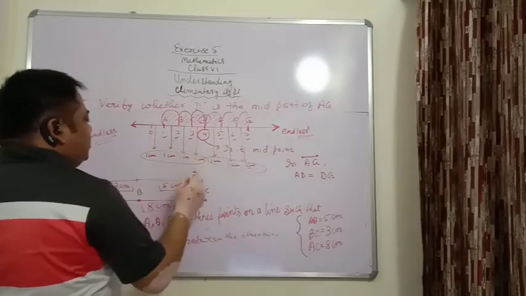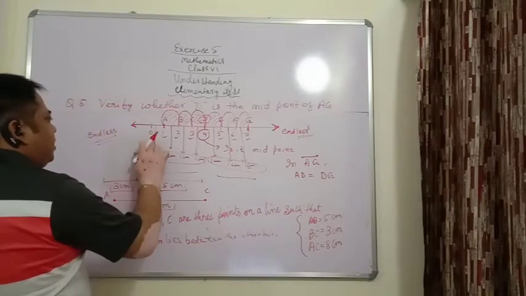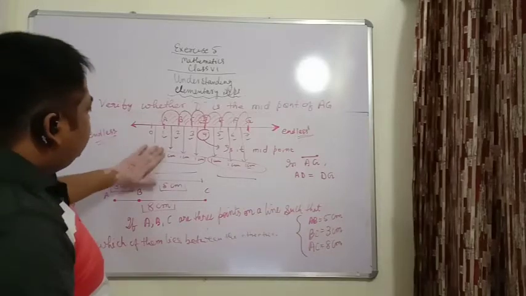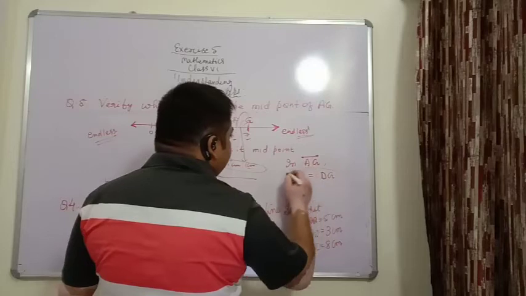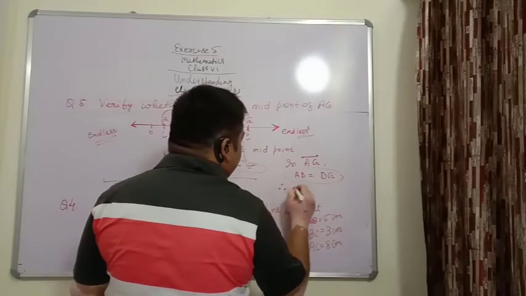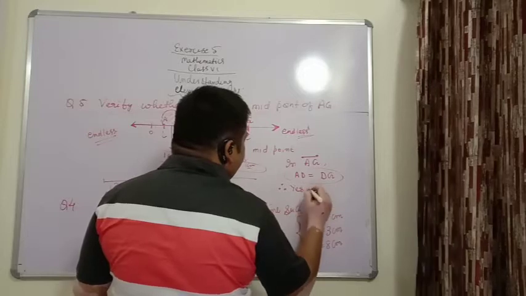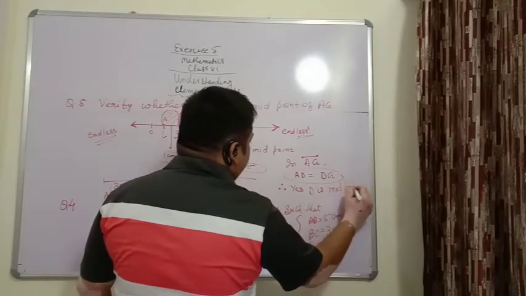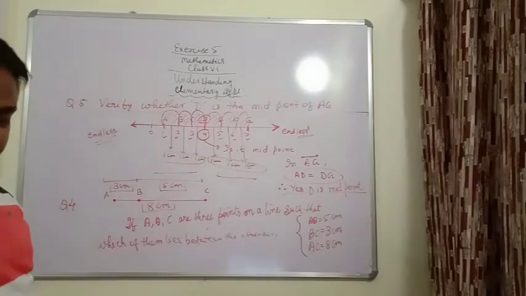So there are 3 counts this side and 3 counts this side. Alright, 0 we will not consider, we will consider end point to be A only. Therefore, yes, D is midpoint.